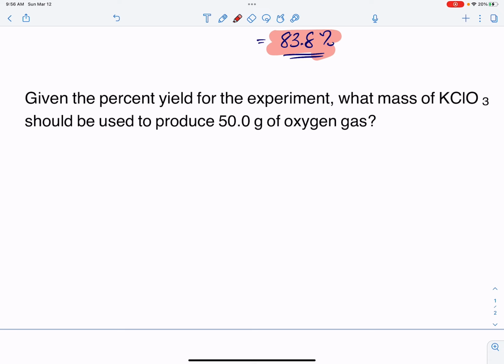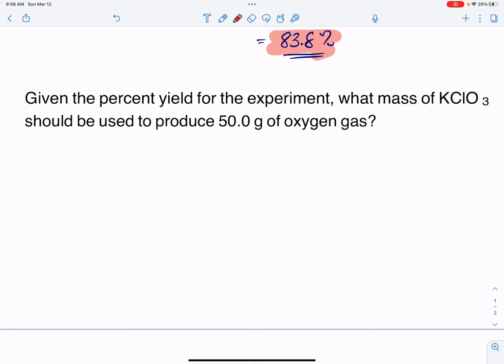So given the percent yield in the experiment, if this person were to repeat the experiment, and let's assume they would make similar errors, they're going to get about 83.8% of the oxygen that they would otherwise have made. What mass of potassium chlorate should they use if they need to produce 50 grams of oxygen gas?